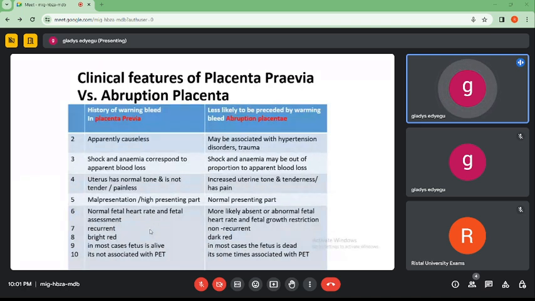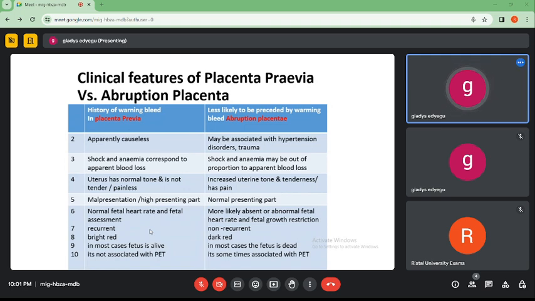But in abruptio placenta, it is more likely absent or abnormal, because the placenta has been detached, and the baby is not getting enough blood supply and is lacking oxygen, so this baby can easily lose its fetal heart, and fetal growth restriction can also occur. In placenta previa, it is recurrent, it continues: it starts with a warning bleed, then after that it can increase until it becomes severe.